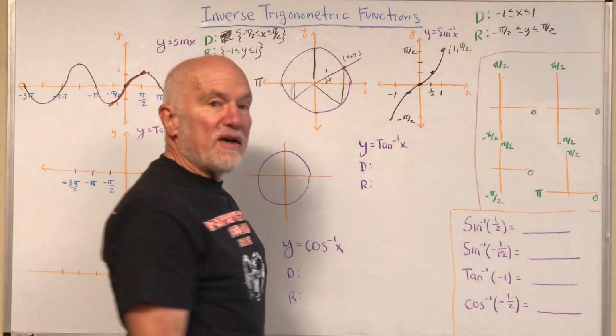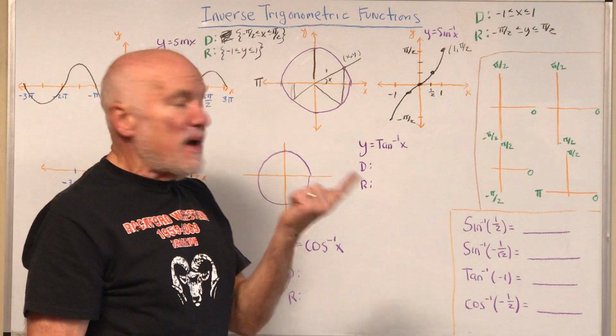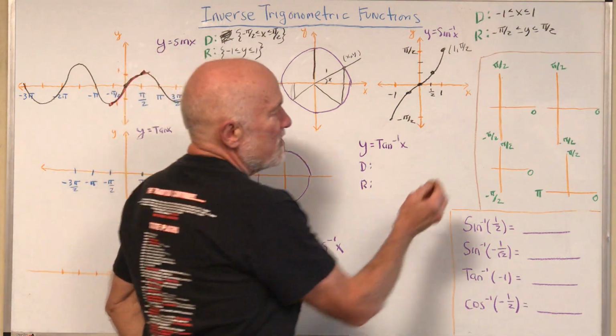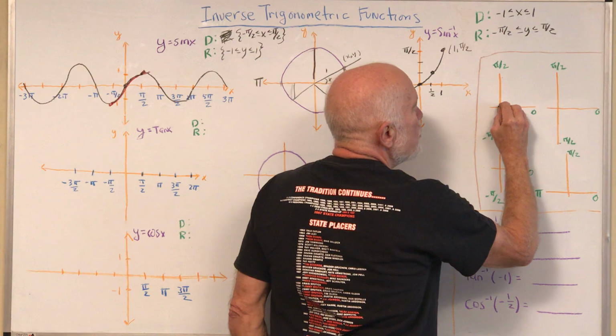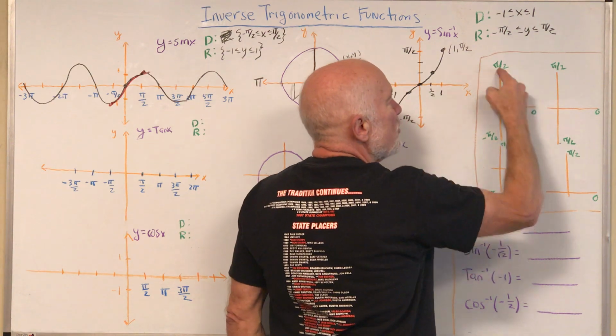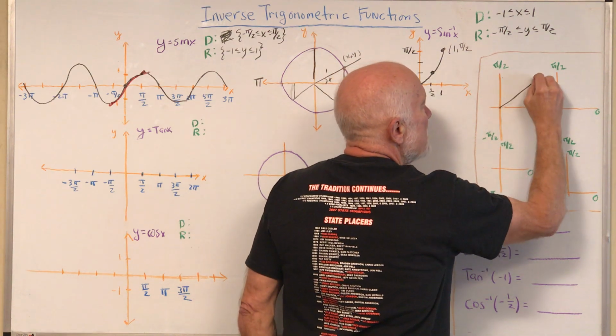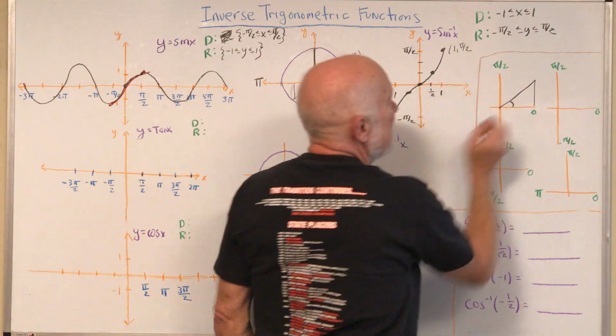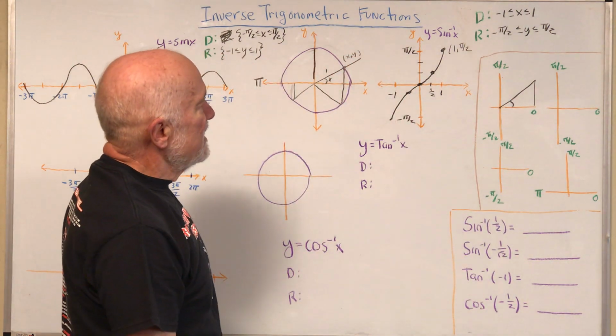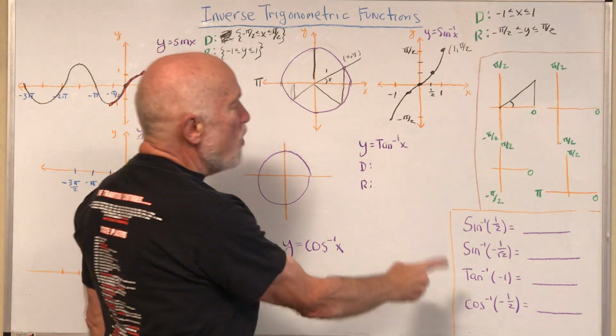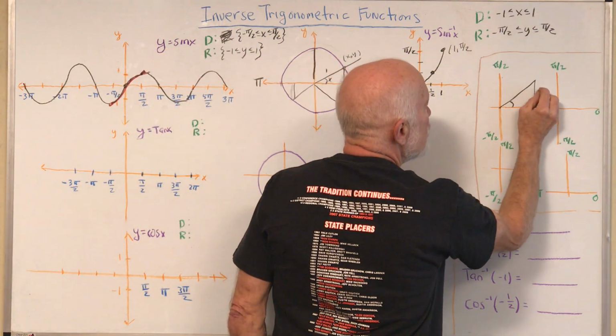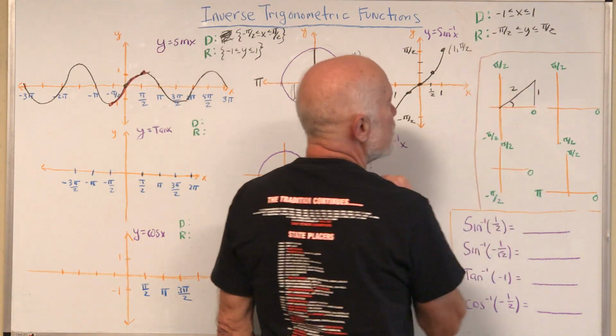So right away, if you don't have your automatics memorized, which isn't always such an important thing, you can quickly go from 0 to pi over 2 and draw in what that angle would look like. So if it's 1/2, you know the ratio has to be 1/2.